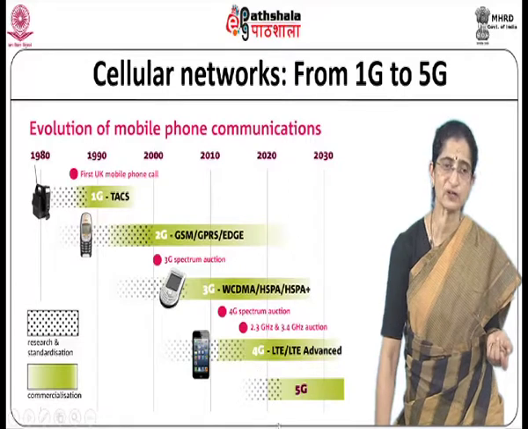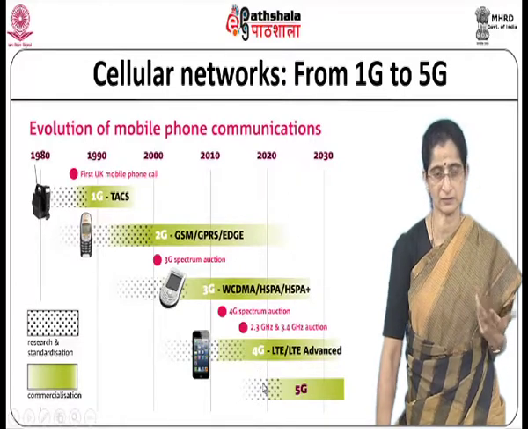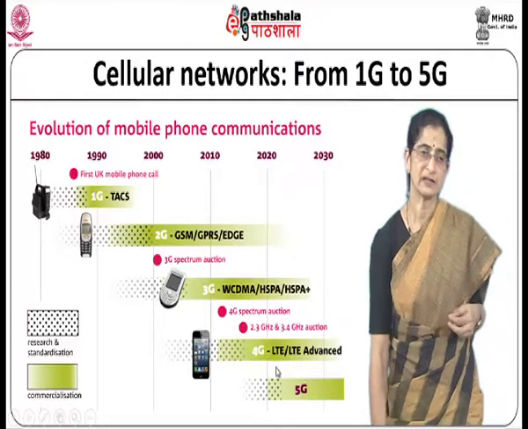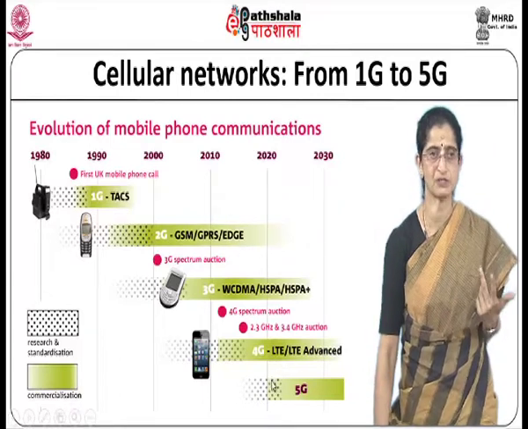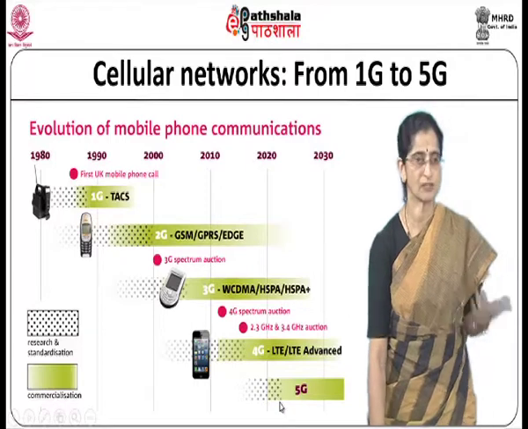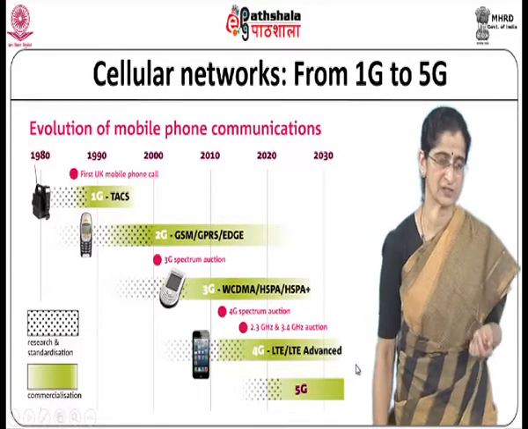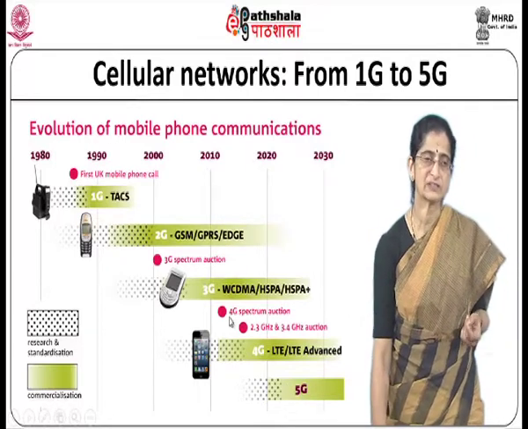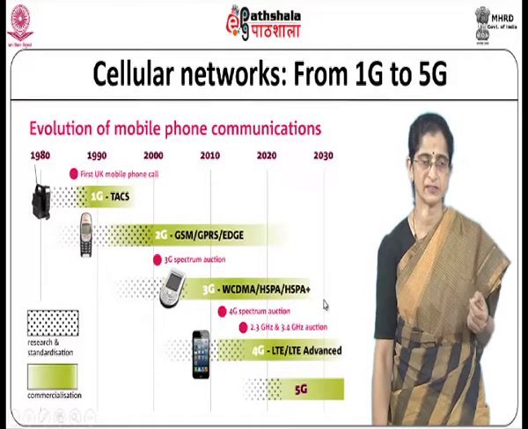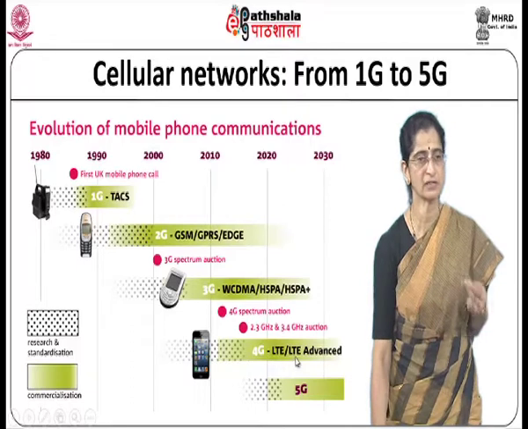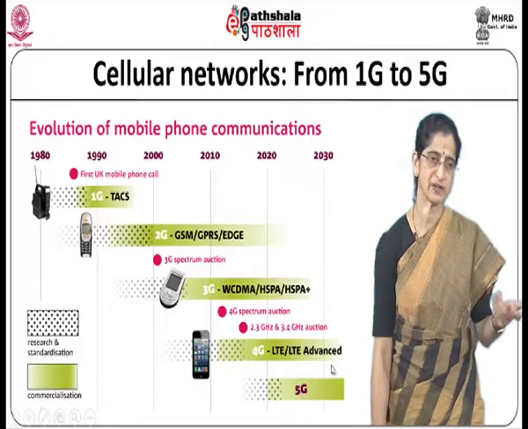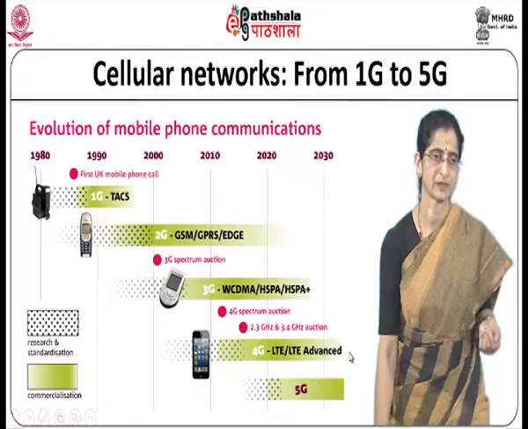Work on 5G has already started, and the hope is that by 2020 we will have 5G standards, and 5G will probably go on for at least another 10 years. The technologies with 3G are WCDMA, HSPA, HSPA plus and so on. With 4G we have LTE, long term evolution, and LTE advanced. With 5G we are yet to see what kind of technologies are going to come.